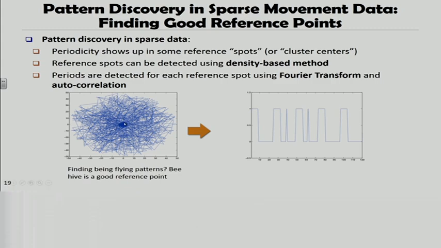What will you find? Actually, you will find in and out. Just to give you a simple example, suppose every morning when the sky is turning bright, the bee flies out of the hive. So what you need to register is when the bee is out, when the bee is back in, when the bee is out again. Can you find good periodicity? You can, because every day, every 24 hours, the bee will fly out.